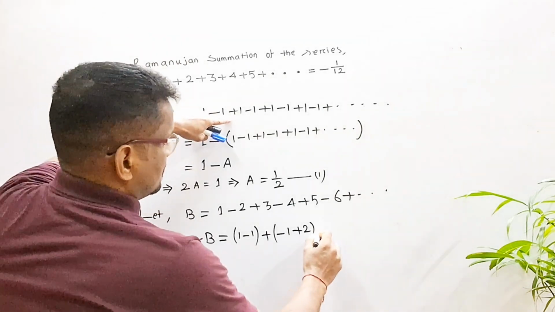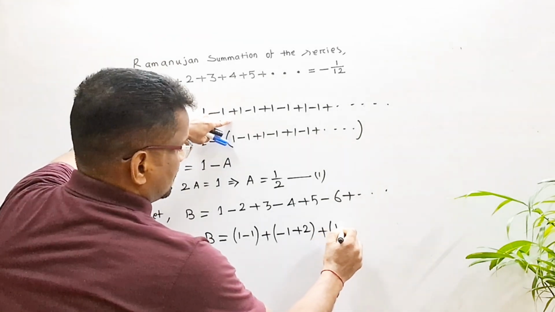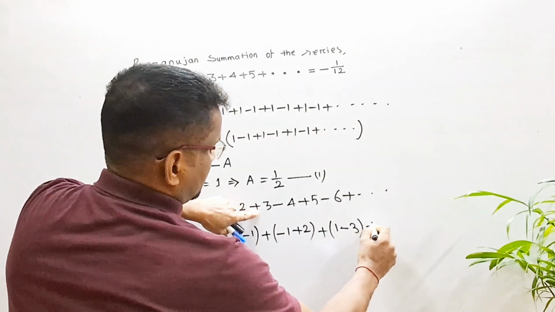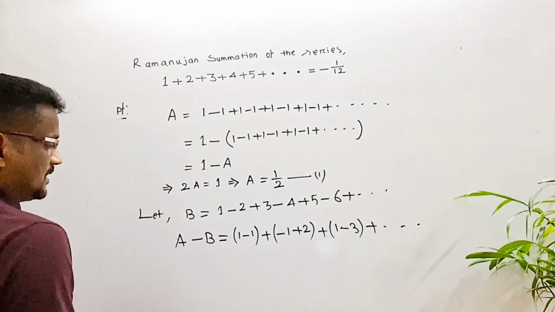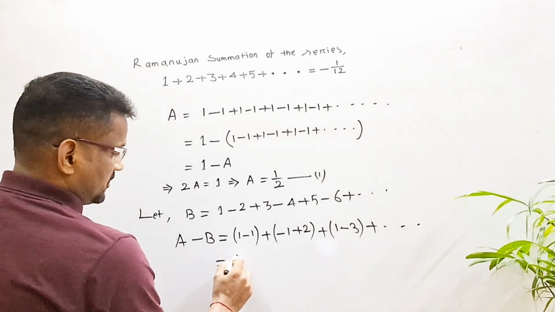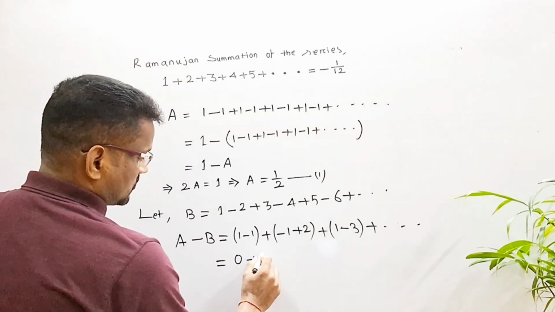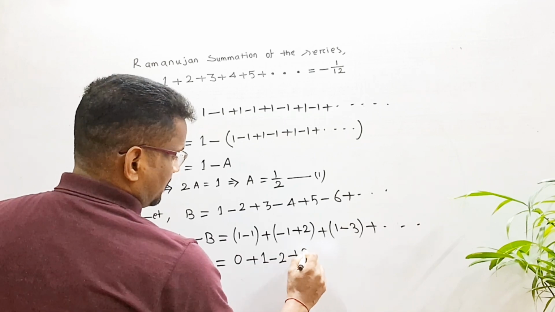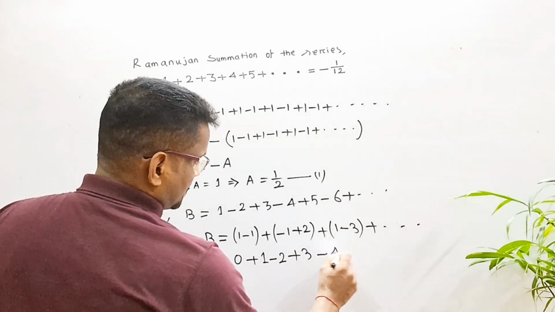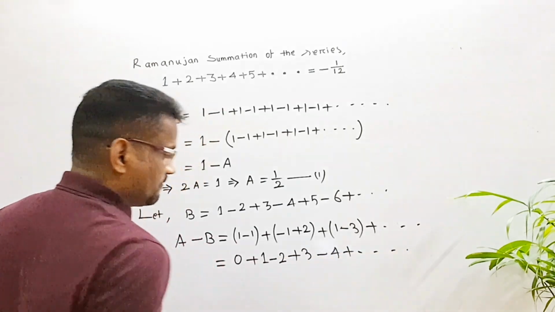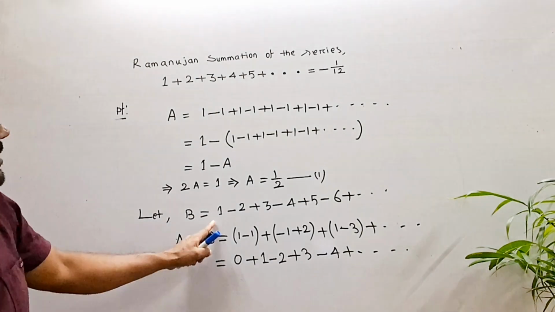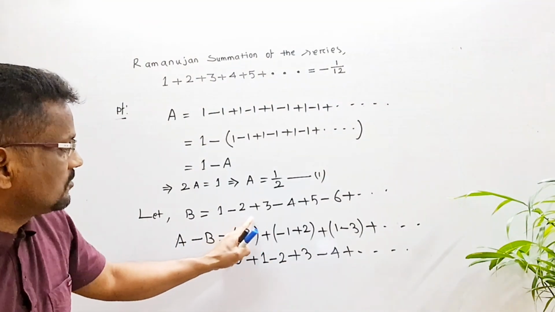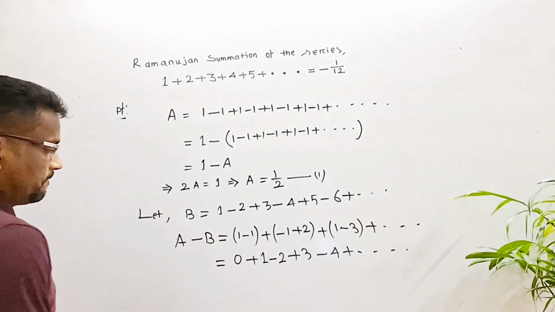Then here it is plus 1 only, 1 minus 3, then plus and so on. Then here what comes, you see, it is 0, then plus 1, then minus 2, then alternately plus 3, minus 4, plus and so on. It means again you get the series B here: 1 minus 2 plus 3 minus 4, that way.